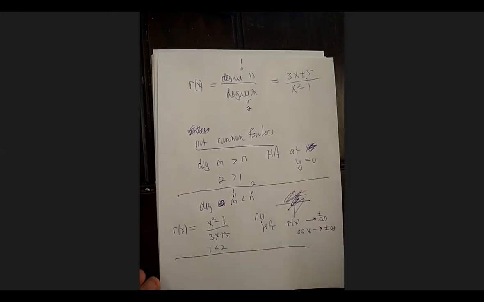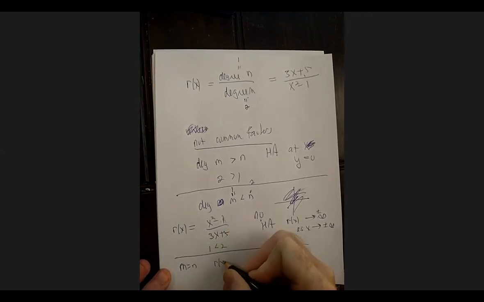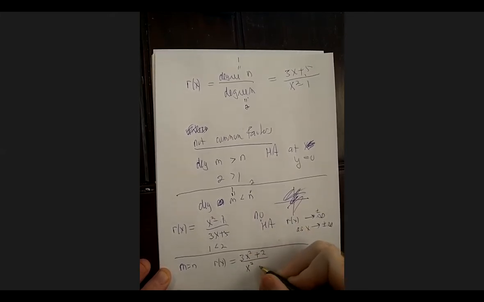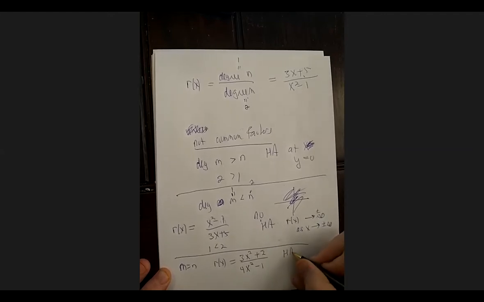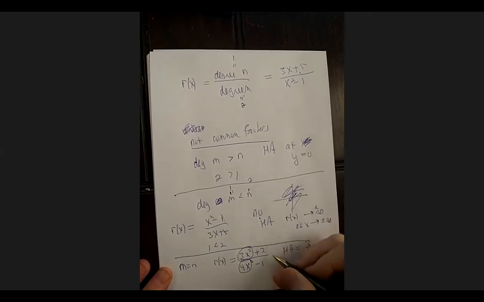Okay. And then finally, if we have m equaling n, so let's say we have something like this, we're going to have a horizontal asymptote at 3/4. And the way that I figured that out is I looked at the highest power on top and the highest power on the bottom.